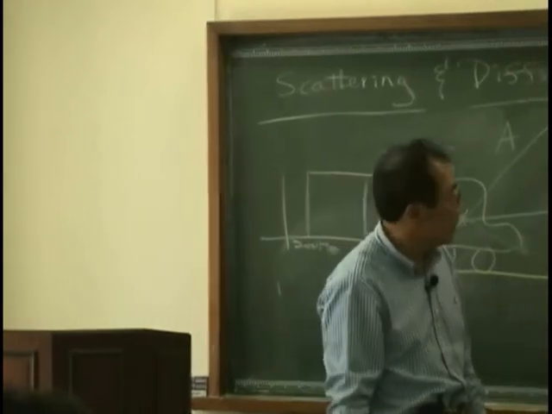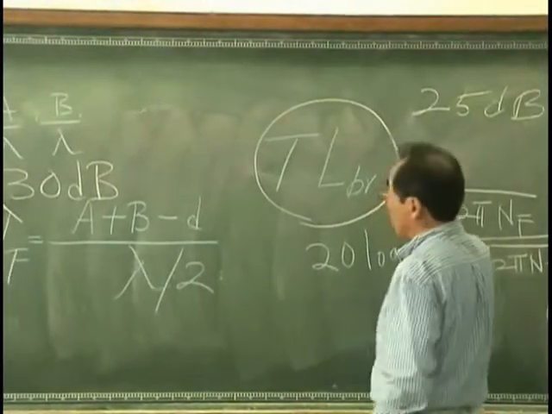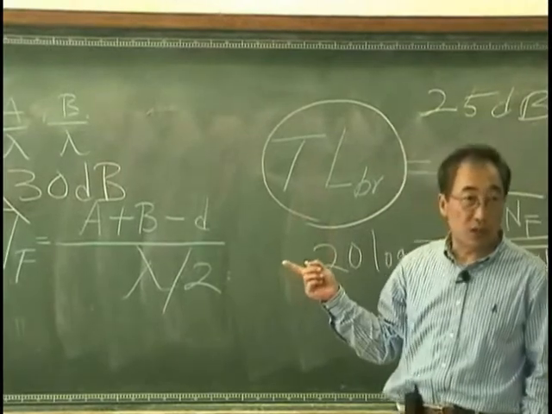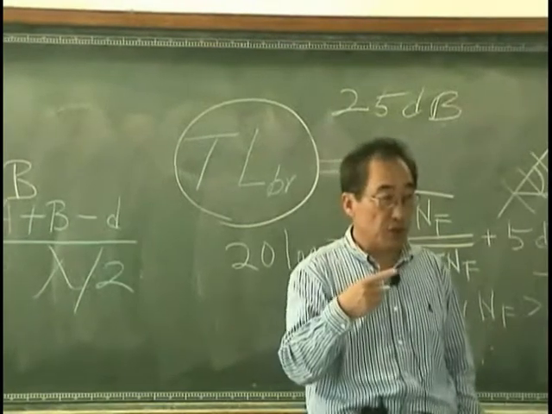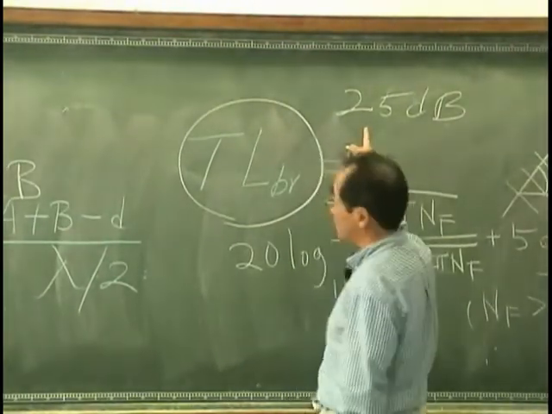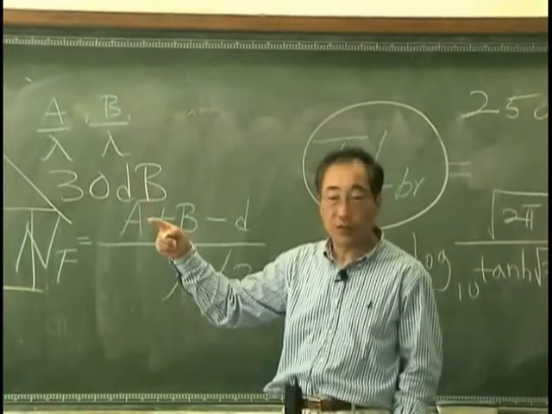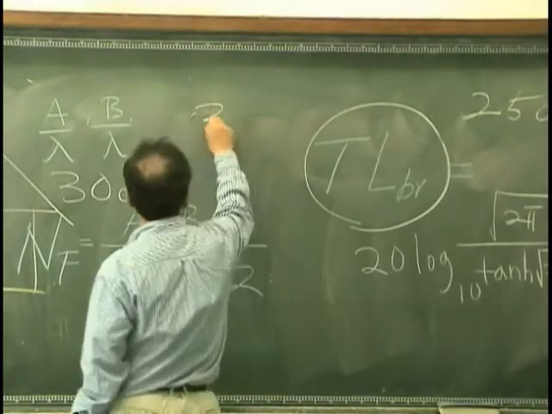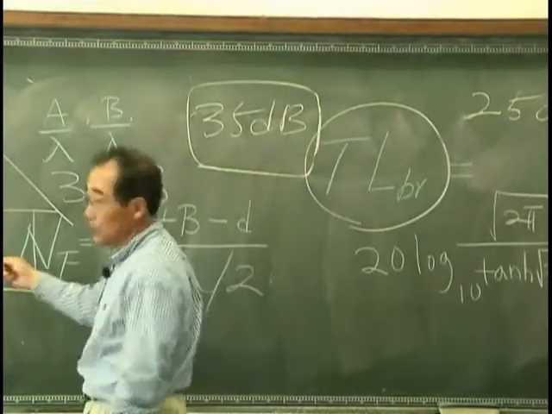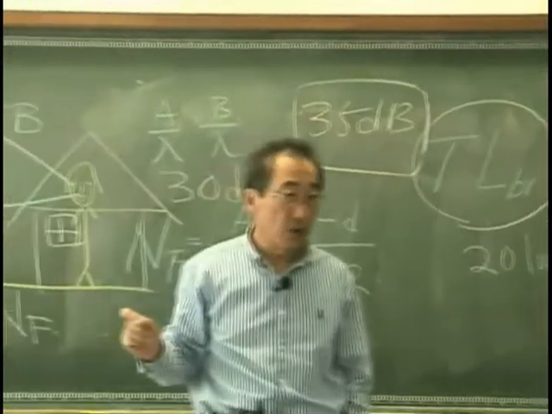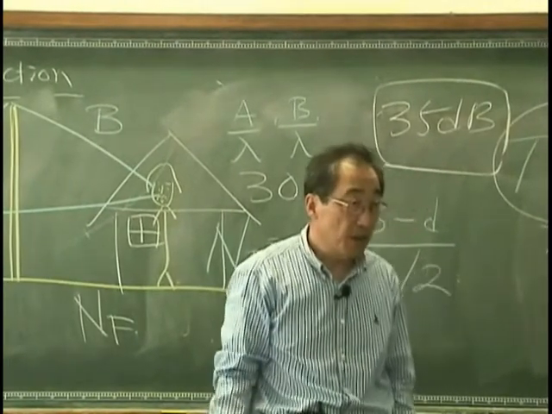Okay? Then how much transmission loss does he have to get additionally to keep the promise he made to his girlfriend? 75, 90, so 75, 65. So he has to get 35 dB more using the wall. Right? Wrong? 35 dB.